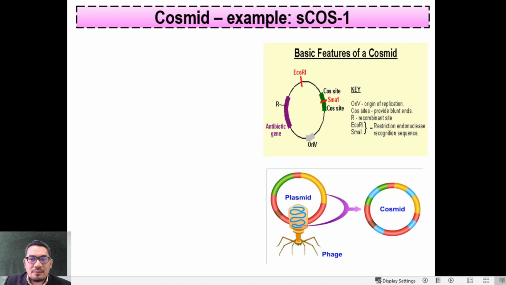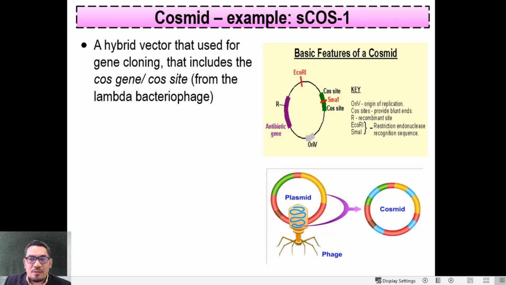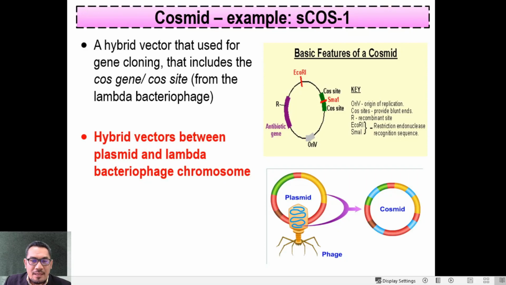For cosmid, example sCos1, cosmid refers to a hybrid vector used for gene cloning that includes the cos site from the lambda bacteriophage. It is a hybrid vector between plasmid and lambda bacteriophage chromosome.